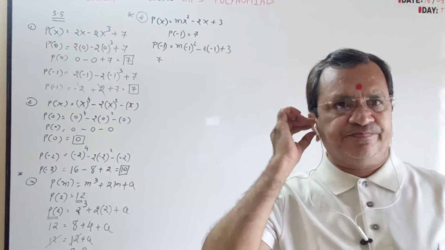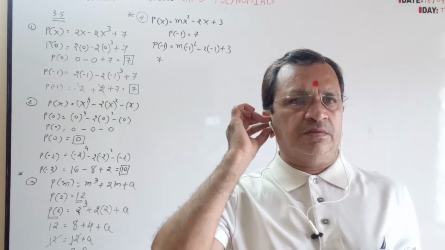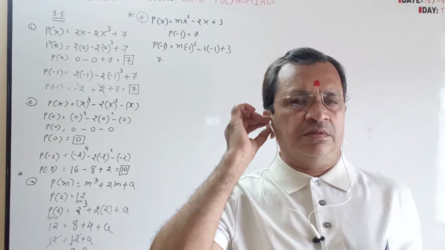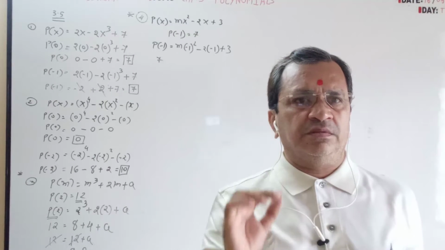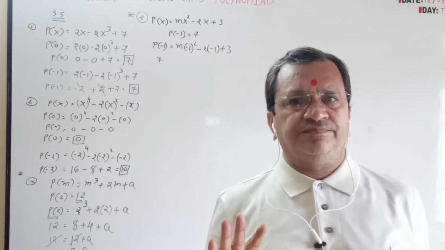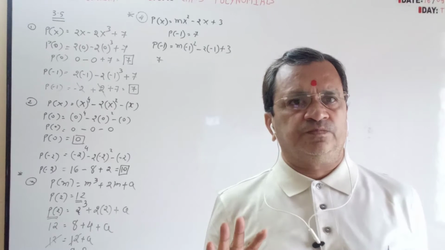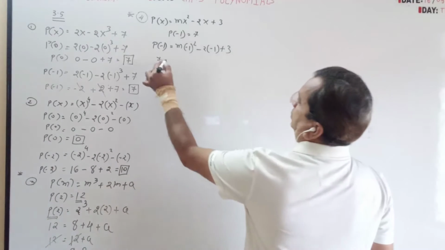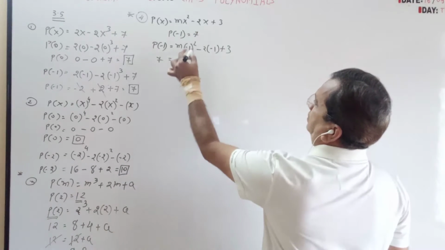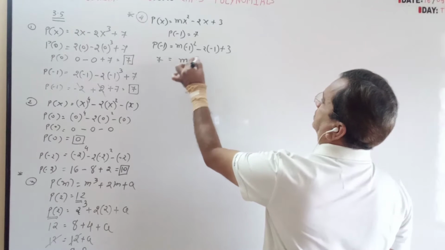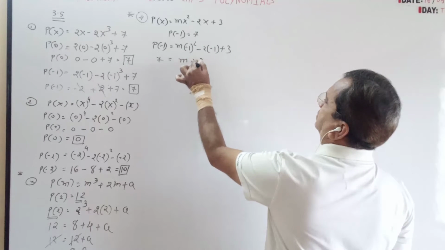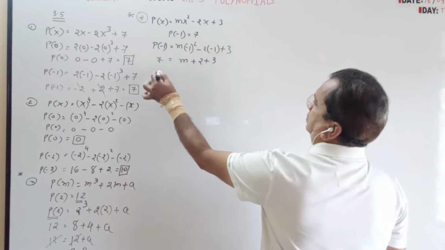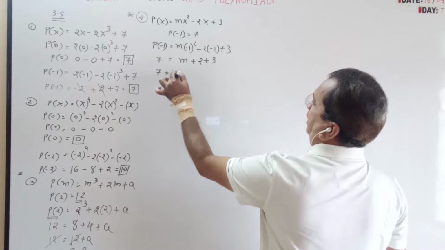So 7. So minus minus plus, minus minus plus. So 7 is equal to m plus 5.